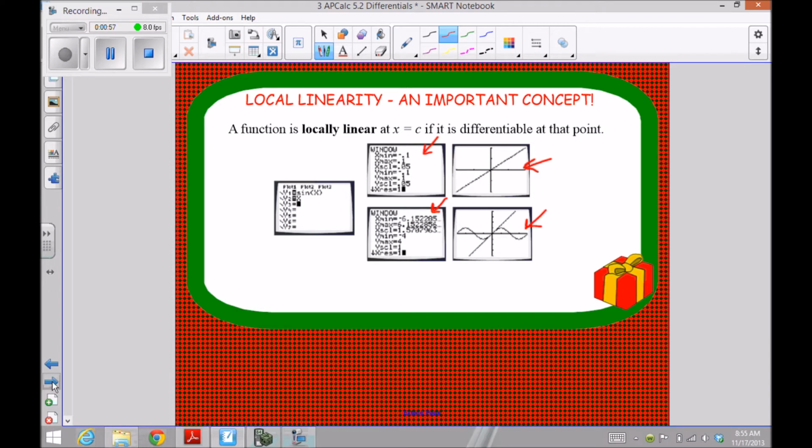Locally linear means right in a small area, their values are very close to the same. They should be exactly the same at the point of tangency and really close thereafter. But the further you get away, the more the values differ. And you can tell as you get further and further out that your values are going to differ more. So locally linear means in a small region, not forever and ever.